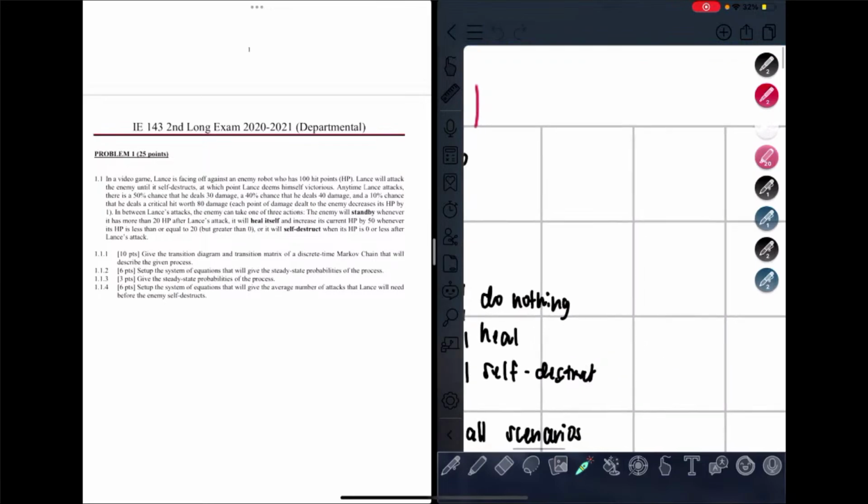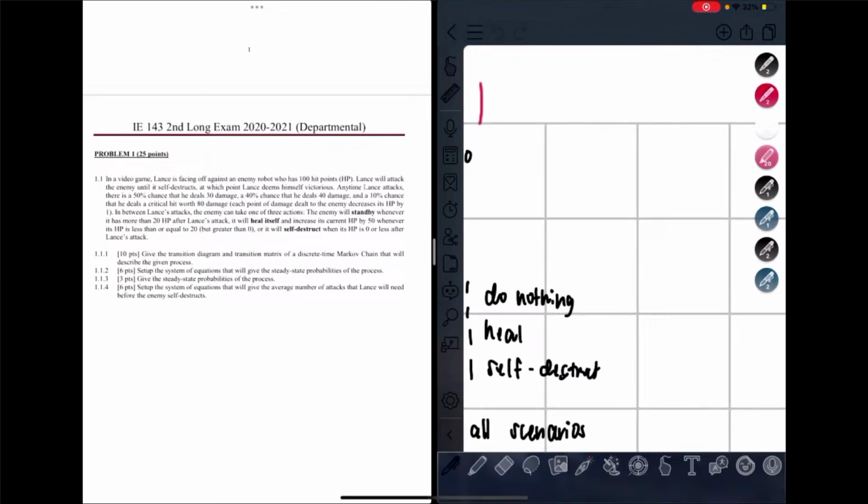And then the enemy can do 3 things. The first is do nothing when HP is greater than 20. Heal when HP is less than 20 but greater than 0. And then self-destruct when HP is less than or equal to 0.